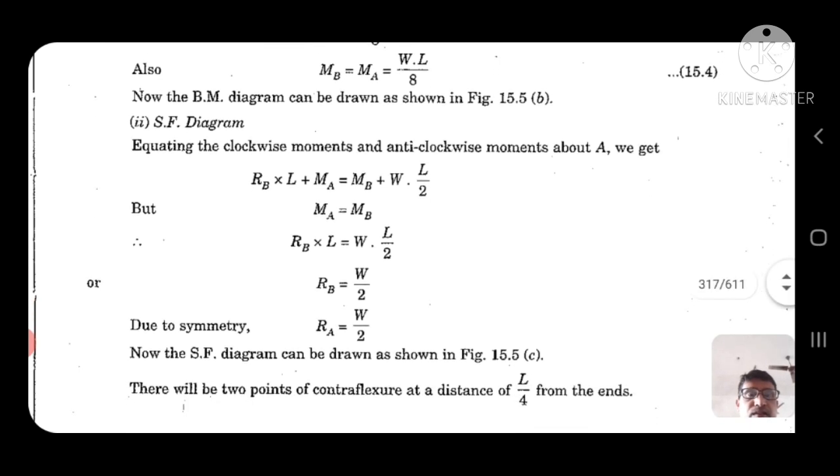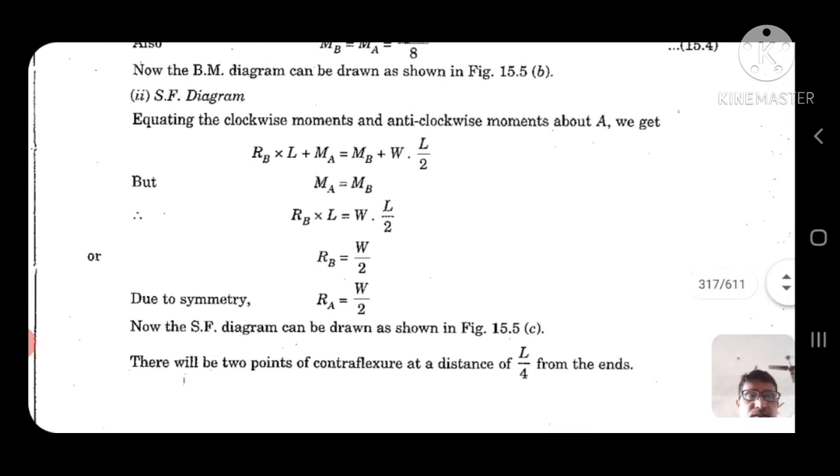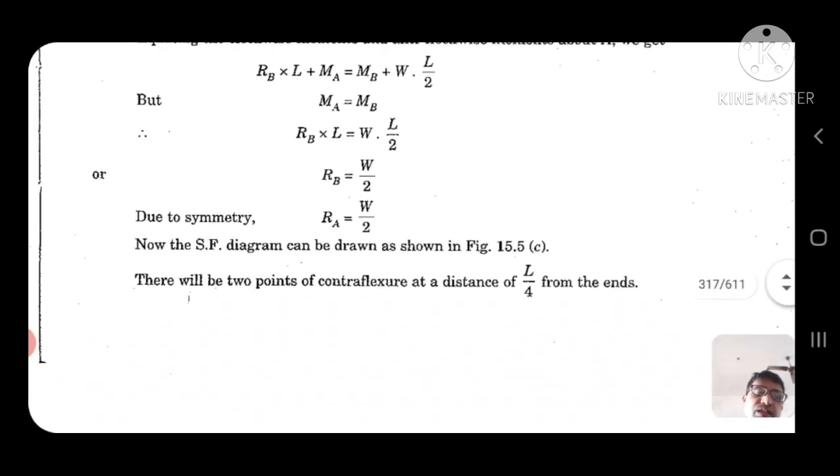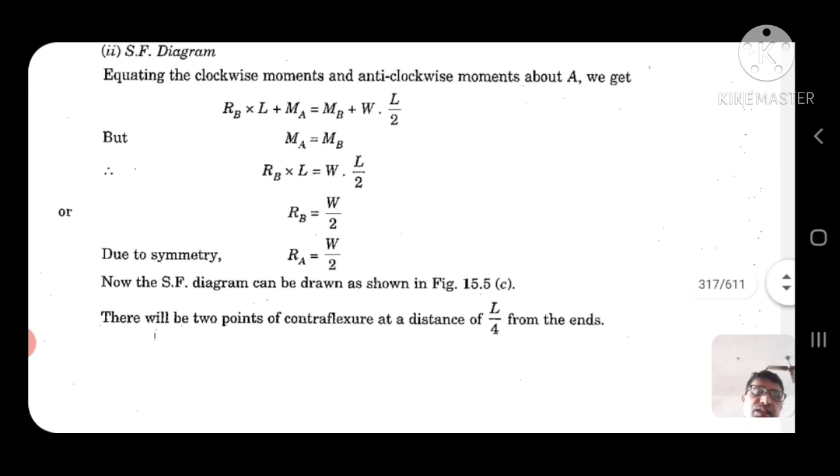So RB equals W by 2, RA equals W by 2. Now the shear force diagram can be drawn as shown in figure. There will be 2 points of contraflexure at a distance L by 4 from the ends.